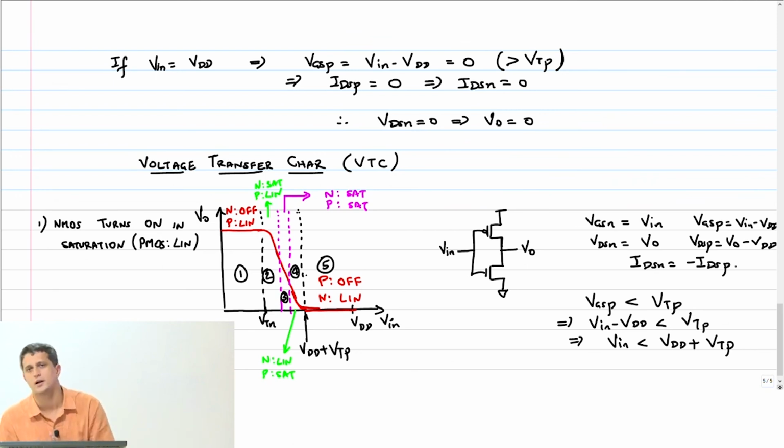Okay, so we will look at this region 3, which will be of very much importance to us, because that's where the trip point that I spoke about occurs. Okay, so this is the Vout versus Vin of our actual inverter. What was the VTC that we wanted of an ideal inverter?